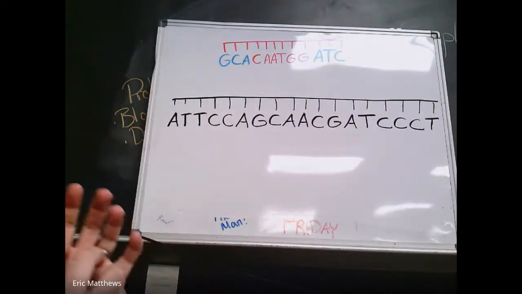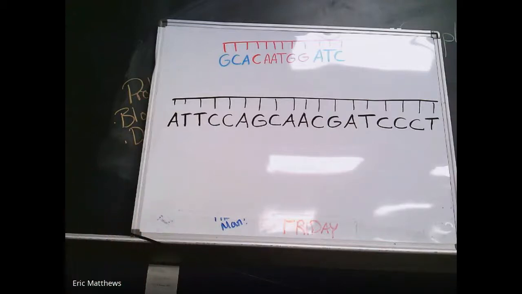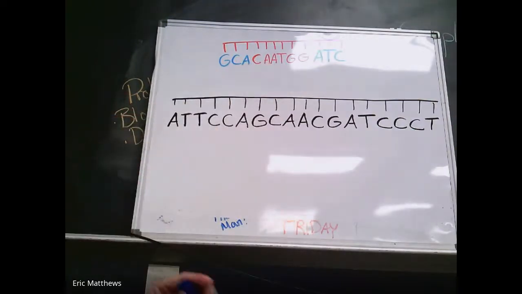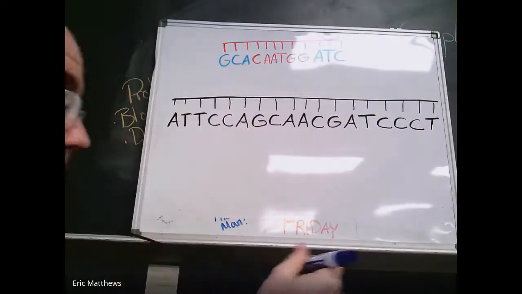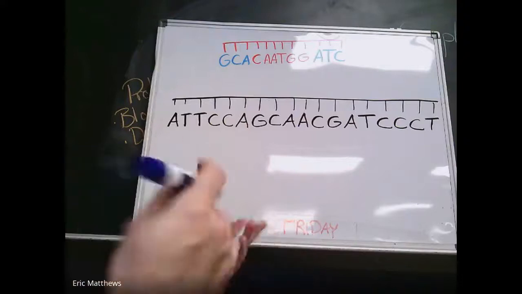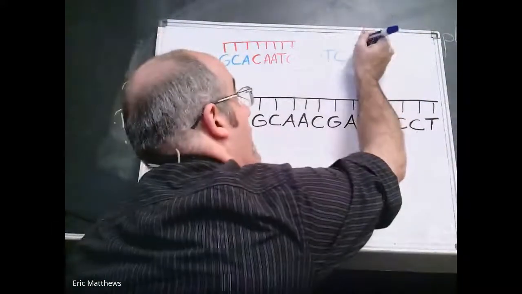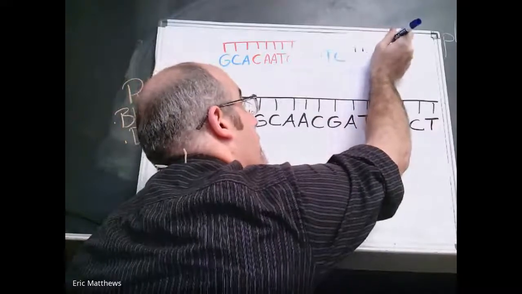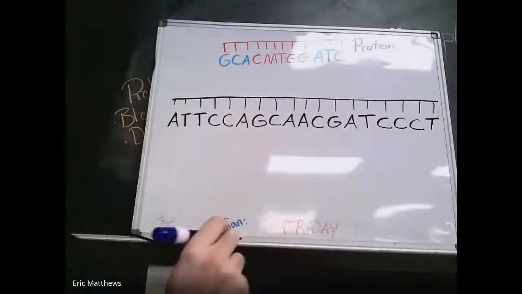But we want to include a new trait to this organism. Now, this new trait, you can already see I have written up here. So this gene up top, let's imagine that this makes a specific protein.